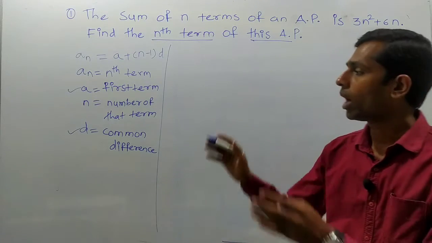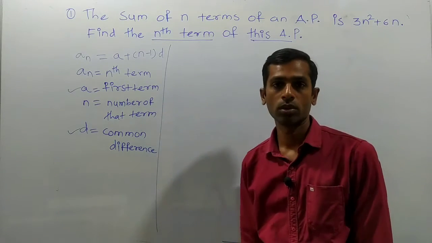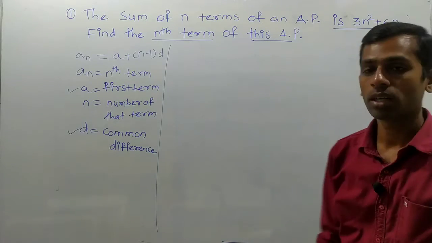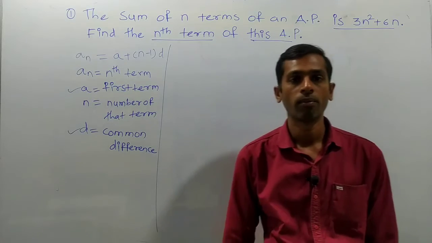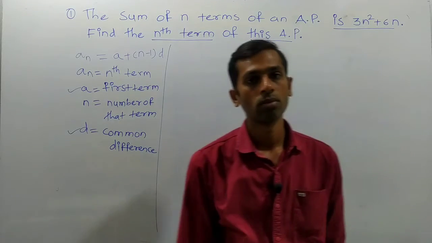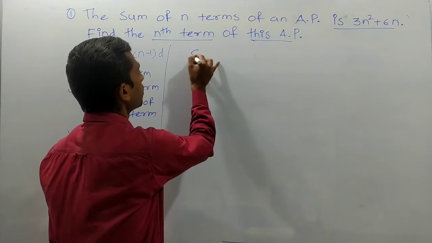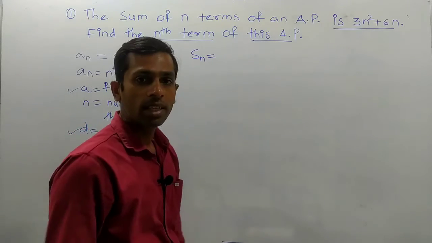Now how can I get these two values? We can calculate these two values from this equation, which is given to us as data. So what is this equation? This equation is Sn. And what does Sn mean?